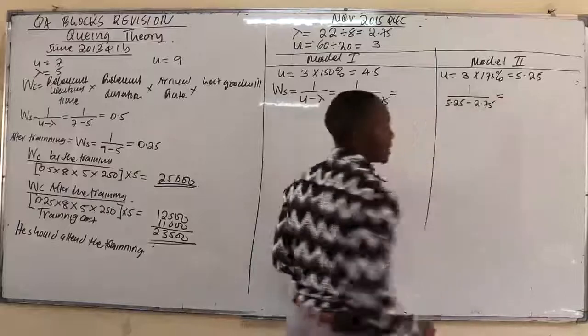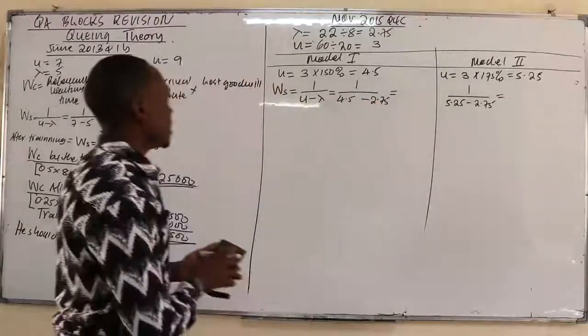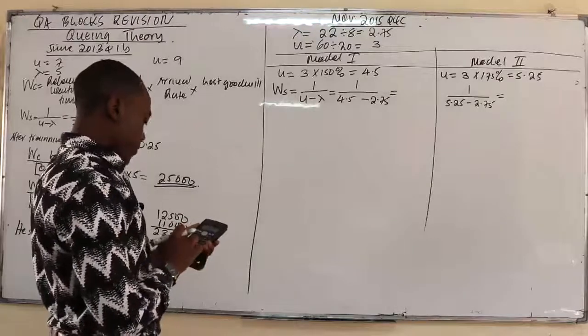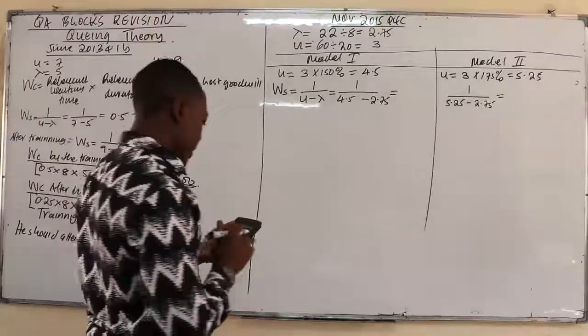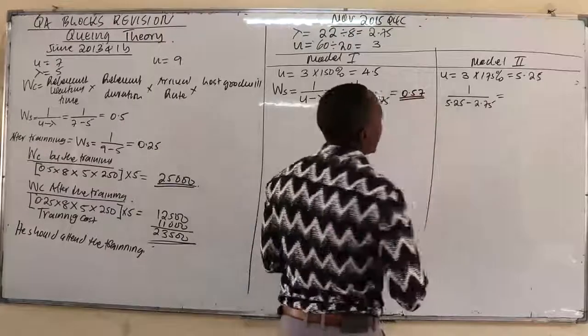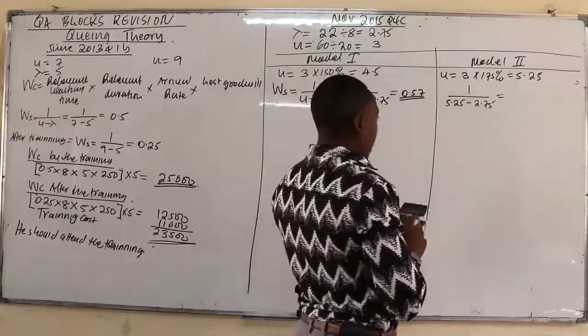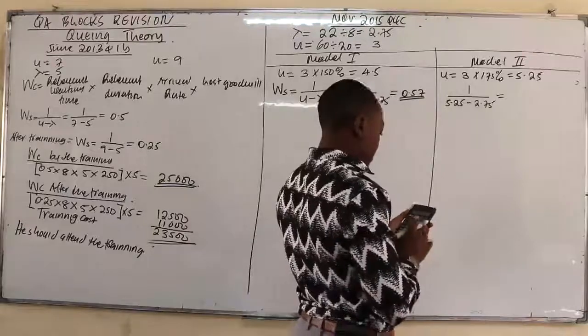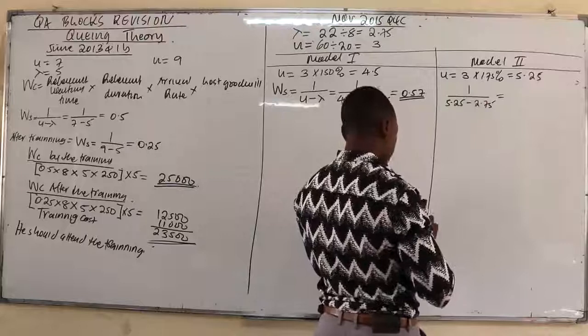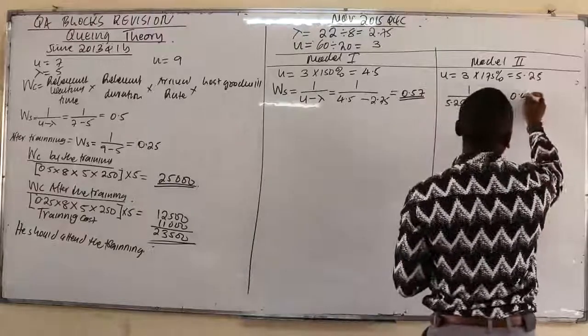That one is not changing. So how much is the waiting time? 4.5 minus 2.75, then 1 divided by the answer. So here I'm getting 0.57. Then 5.25 minus 2.75, then 1 divided by the answer, I will get 0.4.